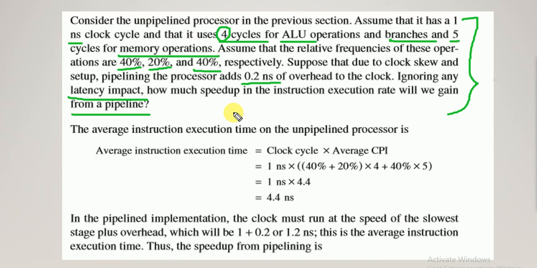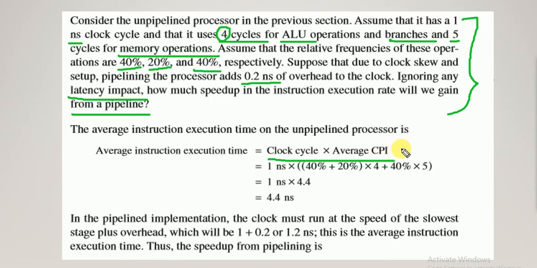So the average instruction execution time on the unpipelined processor is the instruction execution time we discussed earlier in our previous chapter. It will be clock cycle times average CPI. CPI is cycles per instruction. If you have, say, 100 instructions available, we take the average cycles per instruction.